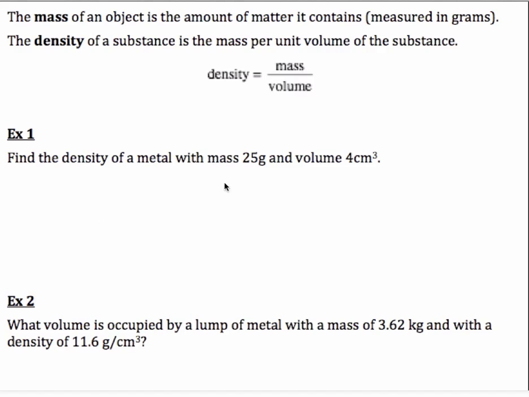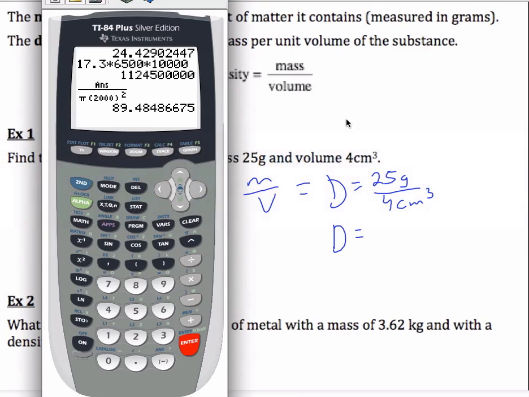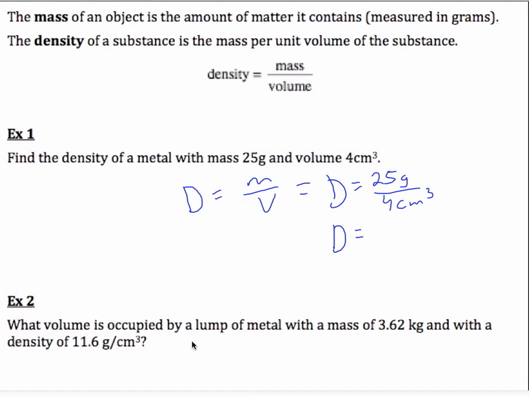So we just need to use the formula, D equals m divided by v, and we get D equals 25 grams divided by 4 cubic centimeters. Let's use our calculator to calculate that first. 25 divided by 4 is 6.25. So we have 6.25 grams per cubic centimeter.